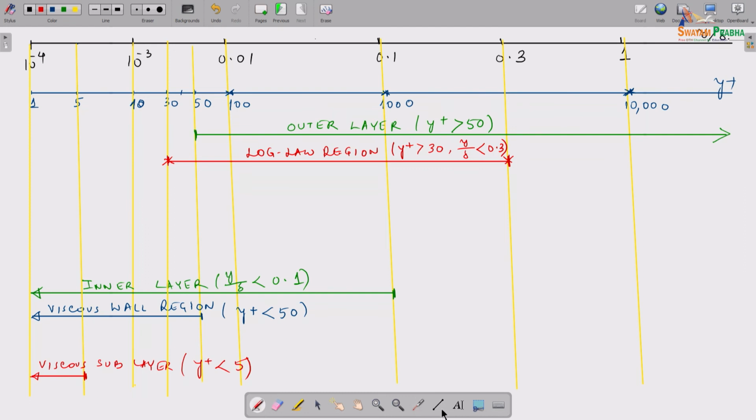I think I can use the same color. So this to this is the buffer layer.